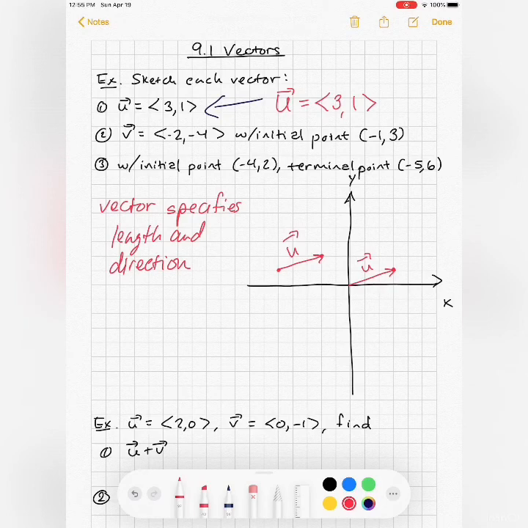But it does not limit my starting point unless the problem statement specifies an initial point, like in number 2. So we would say all these different vectors that I'm drawing here would be considered equal. Those are all the same vector u because they have the same length and they have the same direction here.